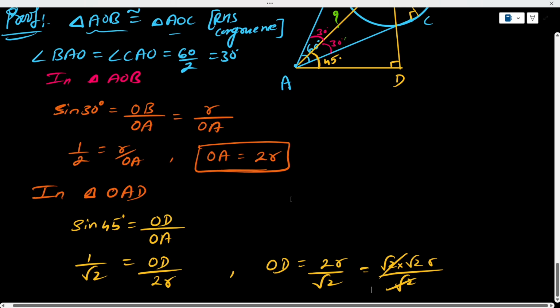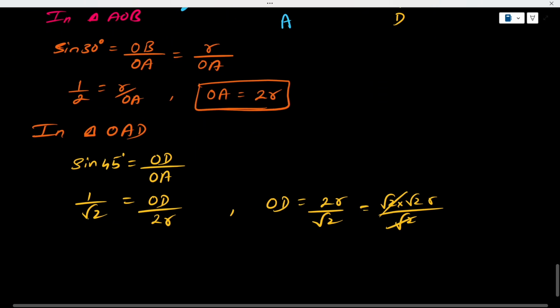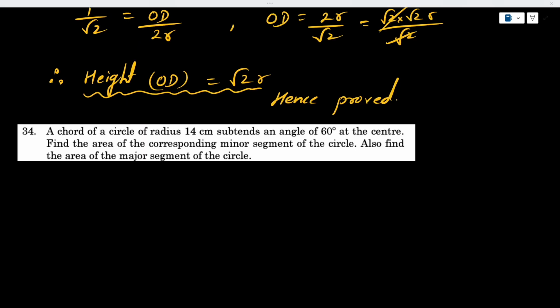Root 2 gets cancelled. So you can see that the height we reached is root 2 times the radius, right? So therefore height, which is OD, is equal to root 2 r, which is root 2 times the radius. Hence proved. This is your next 34th question.